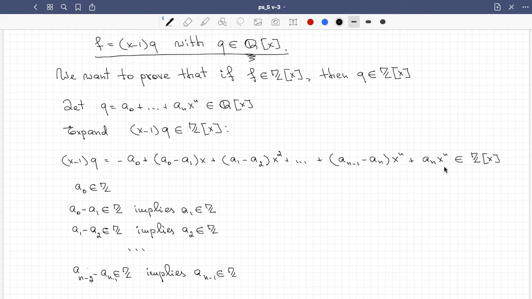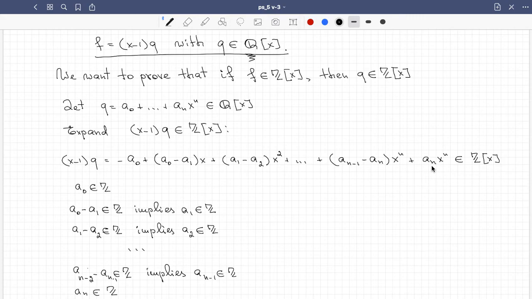A n is an integer for free. Lastly, a n is also an integer, without any assumption, since a naught and a n are integers immediately.